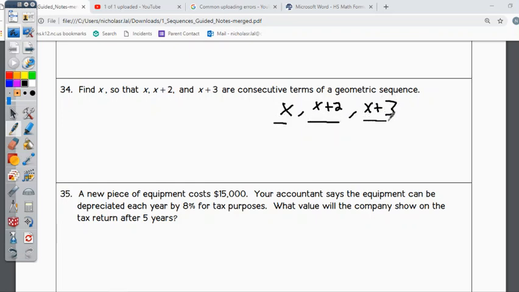When you have a geometric sequence, how can you find r, the common ratio? How could you find r, your common ratio, in a geometric sequence?